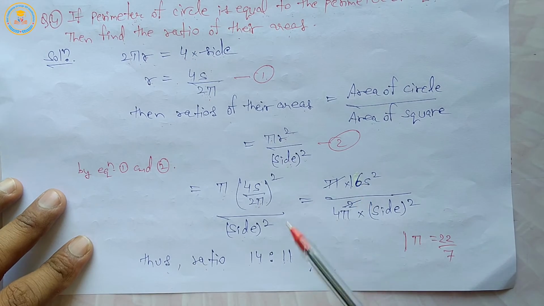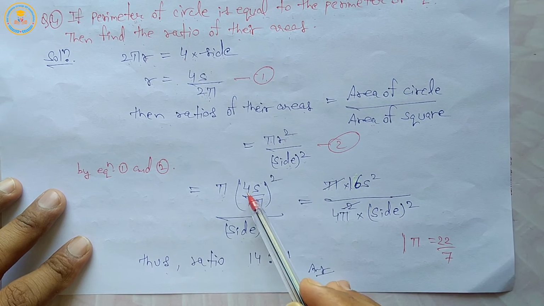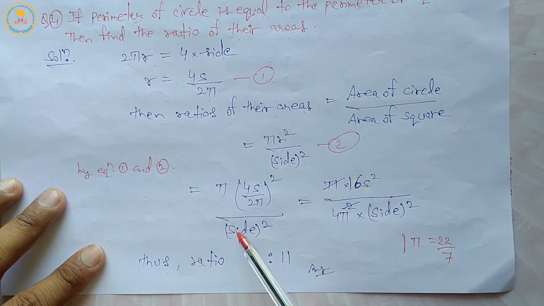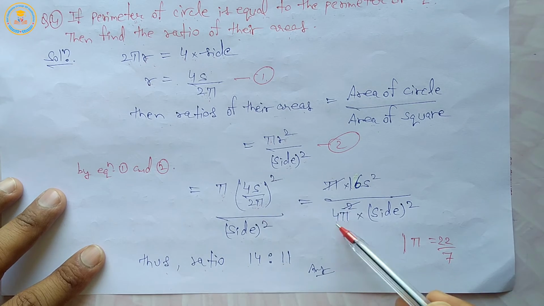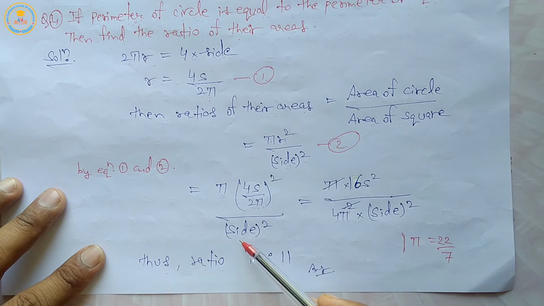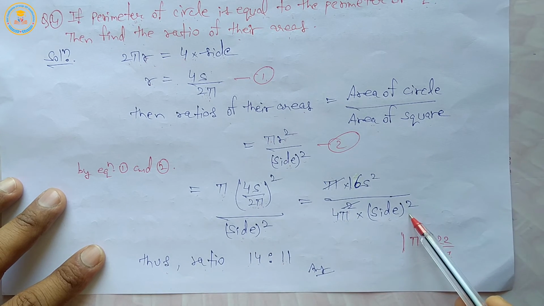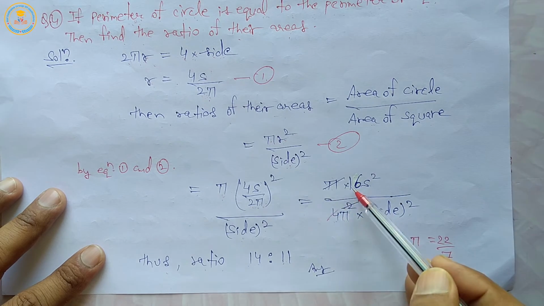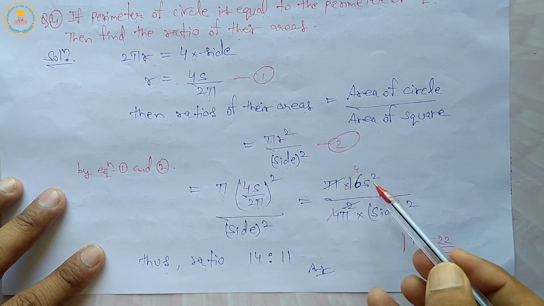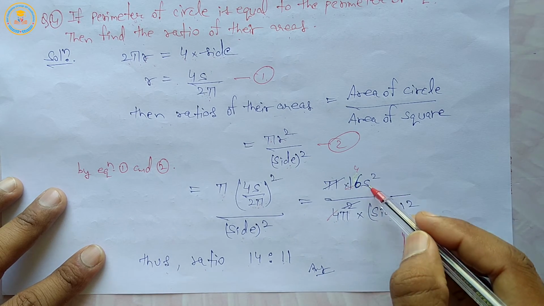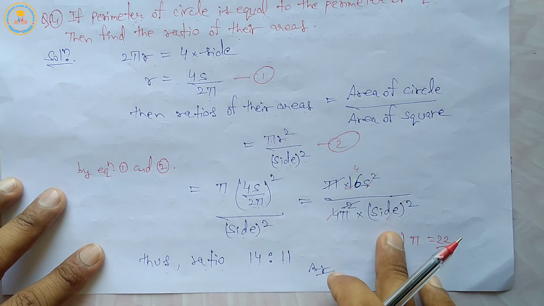Now pi as it is, 4s into 4s means 16 s square, 2 pi into 2 pi means 4 pi square, divided by side square. Pi cancels out, 16 and 4 cancel out 4 times, and side square also cancels out.